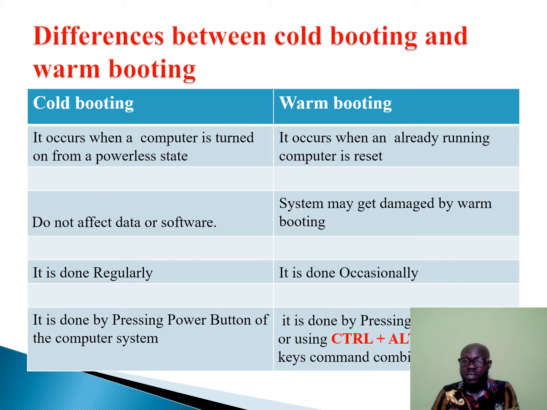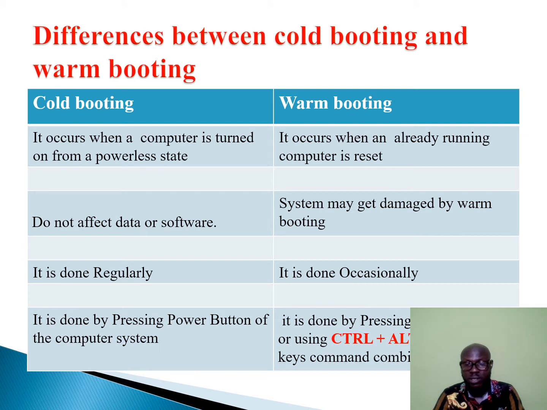With warm booting, the machine won't be in its powerless state. We have gotten to the screen. We are working, and there was an interruption, so all the programs stop running. They stop responding. When it happens like that, what we have to do is restart the machine.